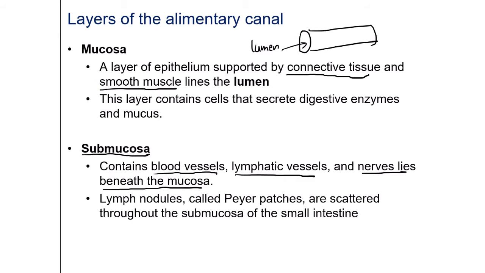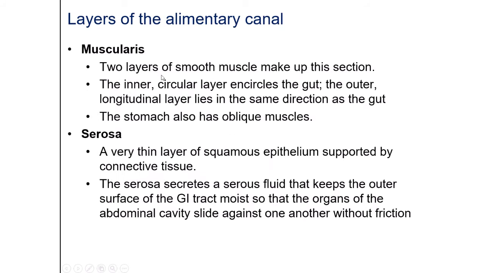But if they do make it through the stomach, in the small intestine, we have an additional surveillance system, right? The Peyer's patch, to make sure that the pathogens are going to be dealt with if they do make it that far.